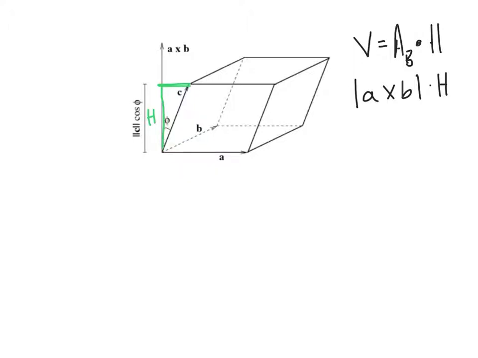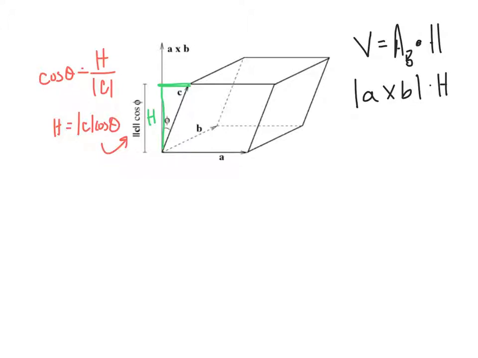And then you could say, well, if I did the cosine of that angle, it would equal the height divided by the hypotenuse. So the height is equal to this. And you can see that right there in my picture.